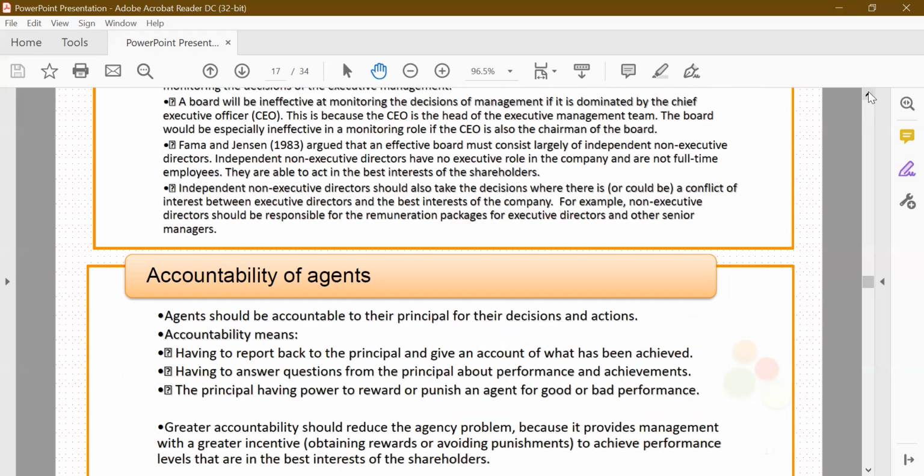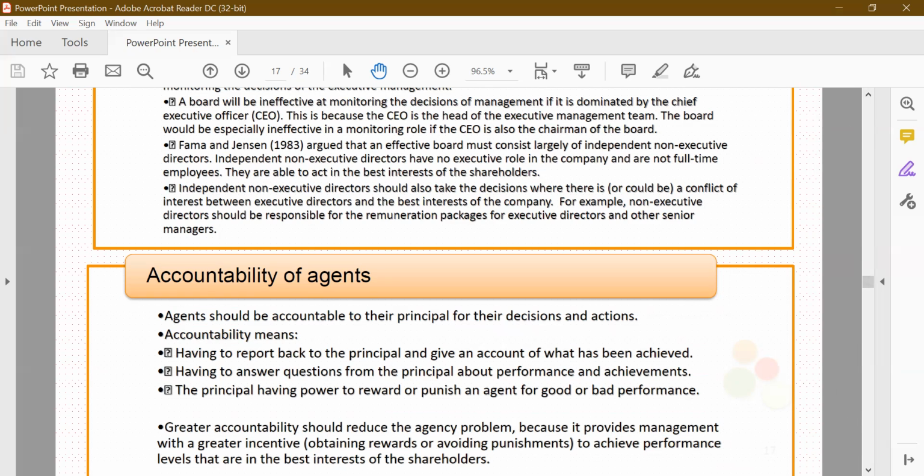So accountability means three things. Number one, reporting to the principal. Number two, answering questions from the principal. Number three, the principal giving rewards or punishment depending on the performance of the agent.